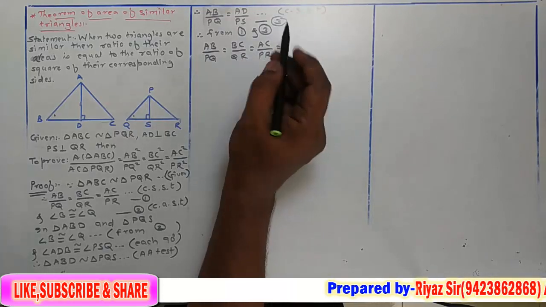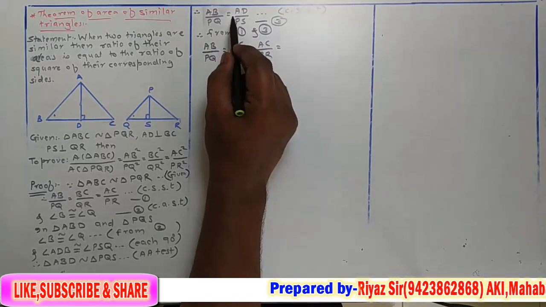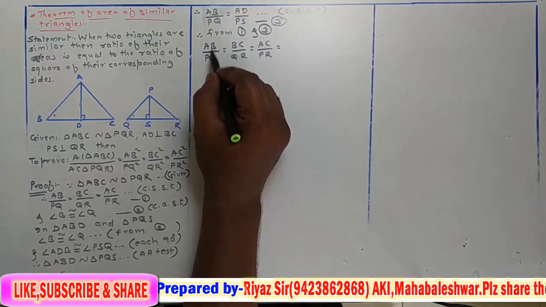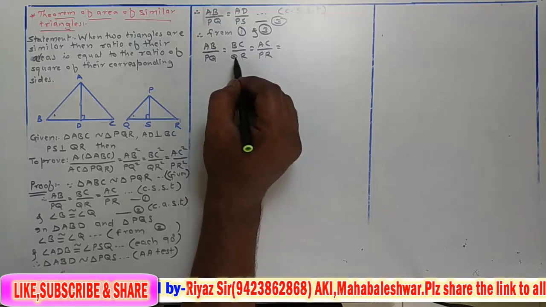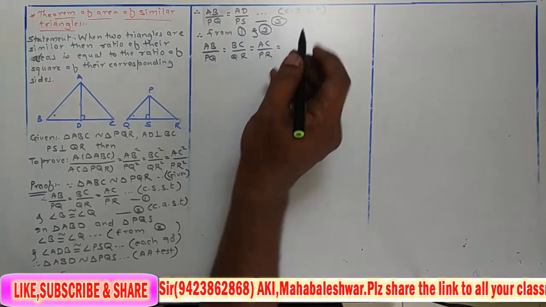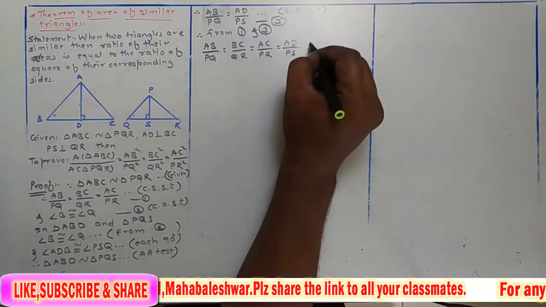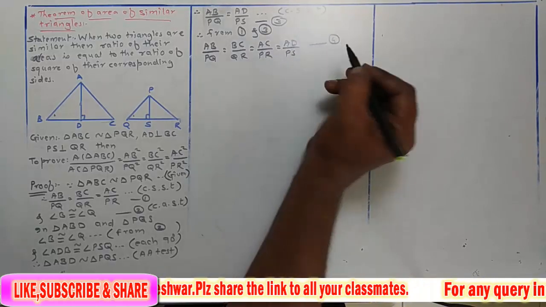Okay, is equal to, from equation 3, AB upon PQ is also equal to AD upon PS, and therefore this ratio is equal to these two ratios, so we write that is equal to AD upon PS. Say this is equation number 4.